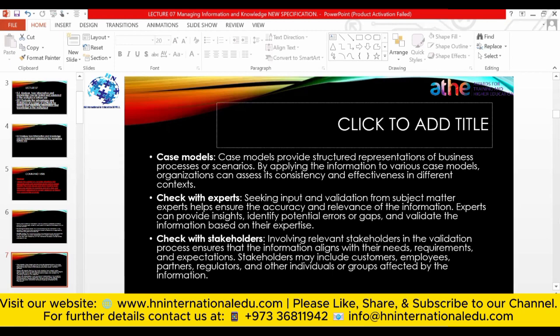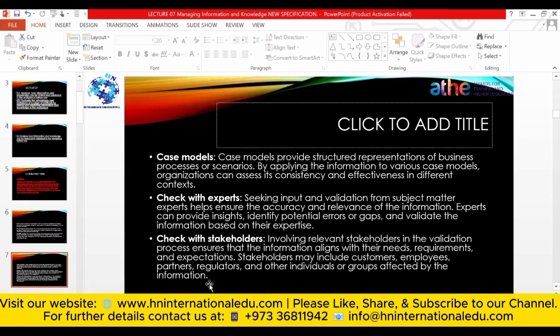Involving relevant stakeholders in the validation process ensures that the information aligns with their needs, requirements, and expectations. Obviously, the investors are stakeholders too. They are investing money in your organization because they want abnormal profits. They want a quick return on their investment. This is the correct term. So it is very important that we, as an organization, as an employee, or as a board of director, make them happy.